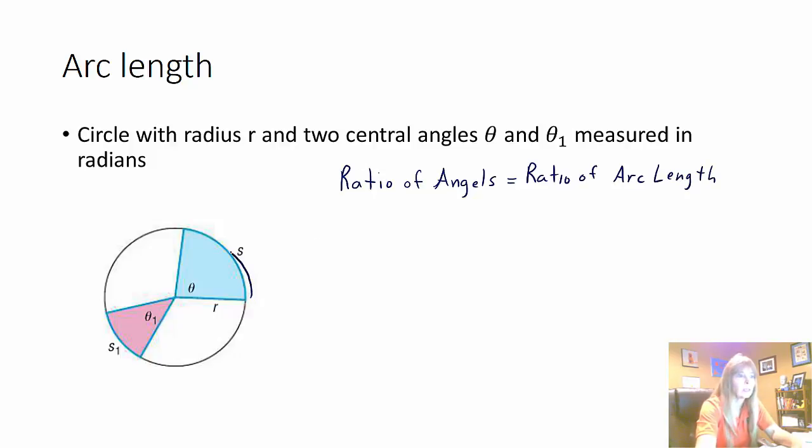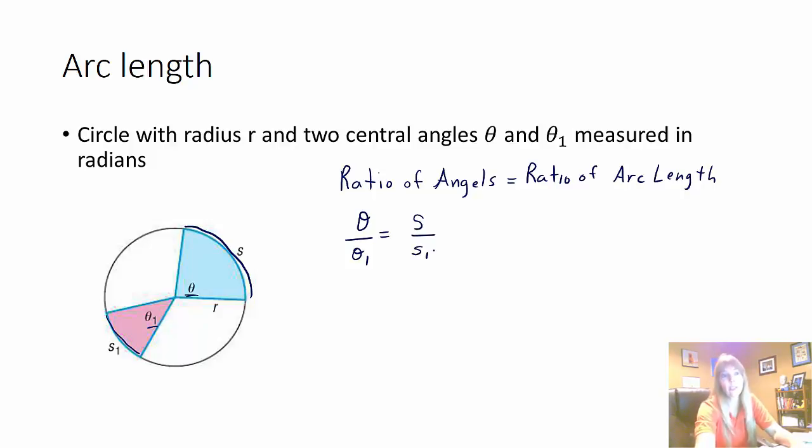The arc length is that distance right there. So I have angle theta and angle theta 1, so I could write the ratio of the angles, and then I have my arc length of S and my other one here of S1.